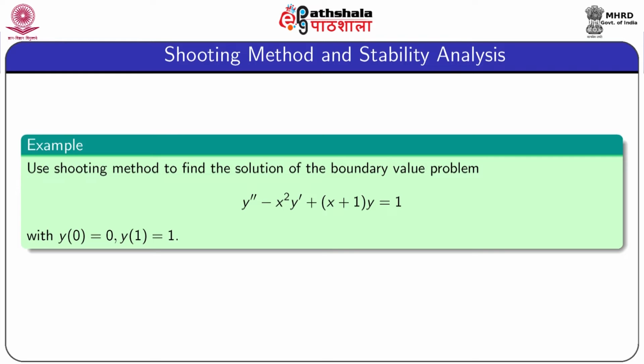Now, we consider one example to illustrate the shooting method. This is a second order boundary value problem with the boundary conditions y at 0 equal to 0 and y at 1 equal to 1. That means the boundaries are 0 and 1, and the values of y at 0 and 1 are 0 and 1 respectively.